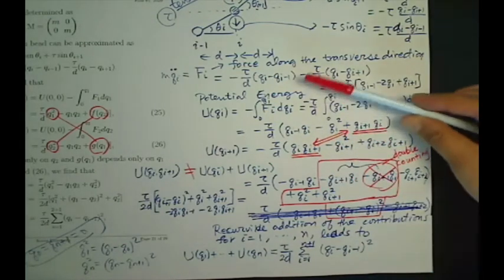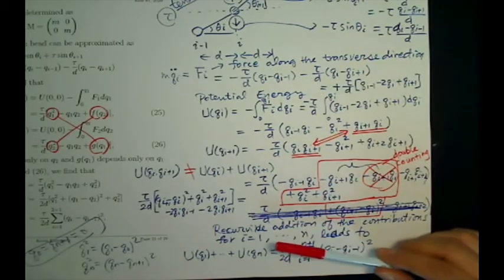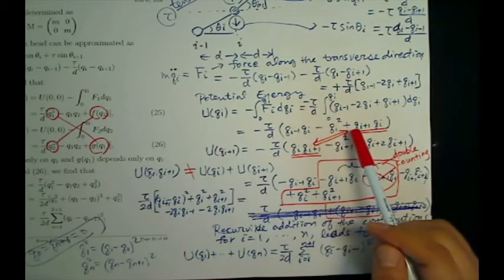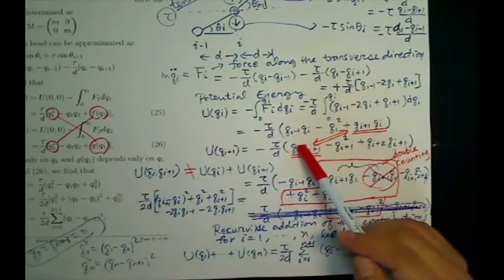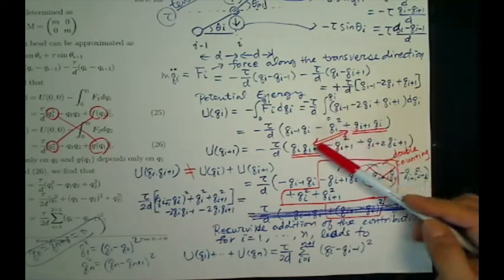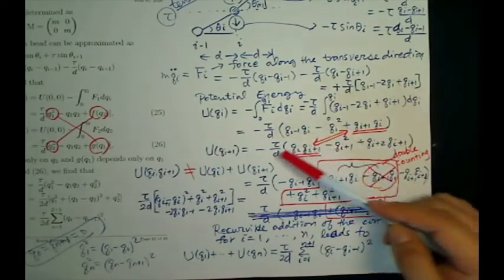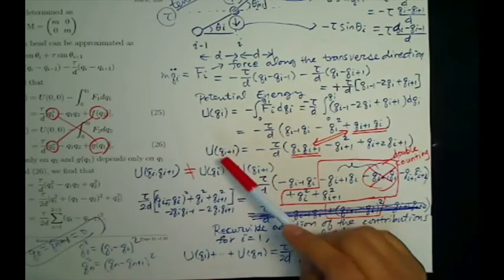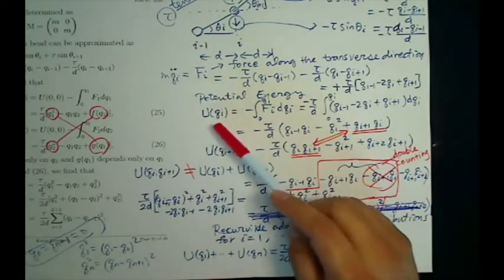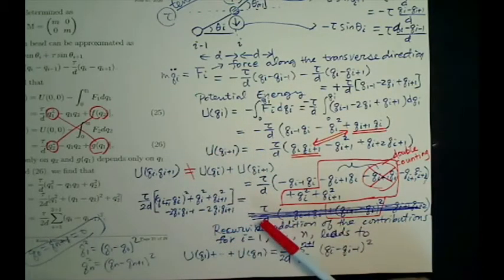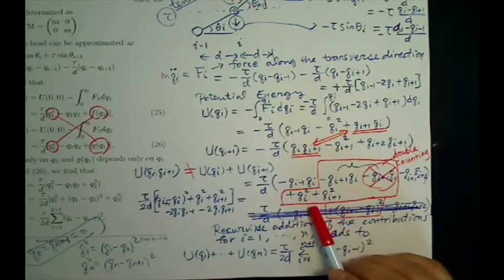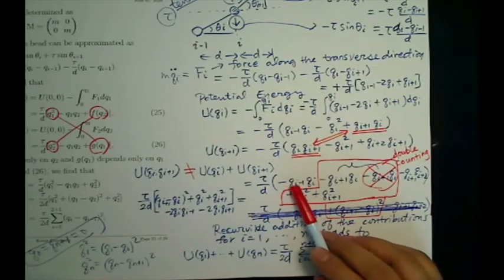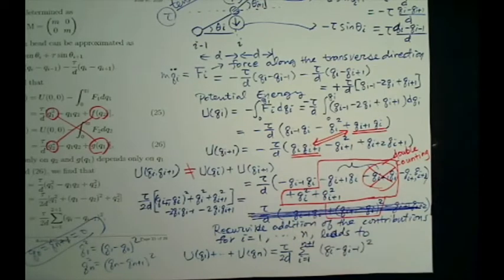So if I combine everything together, we should not add these two pieces, but we should match the conditions, boundary conditions, for the adjacent variables. We must not add them up, but the potential energy is a function of q1 to qn. So if I combine everything together, we find that there are squared pieces and products of adjacent coordinates.